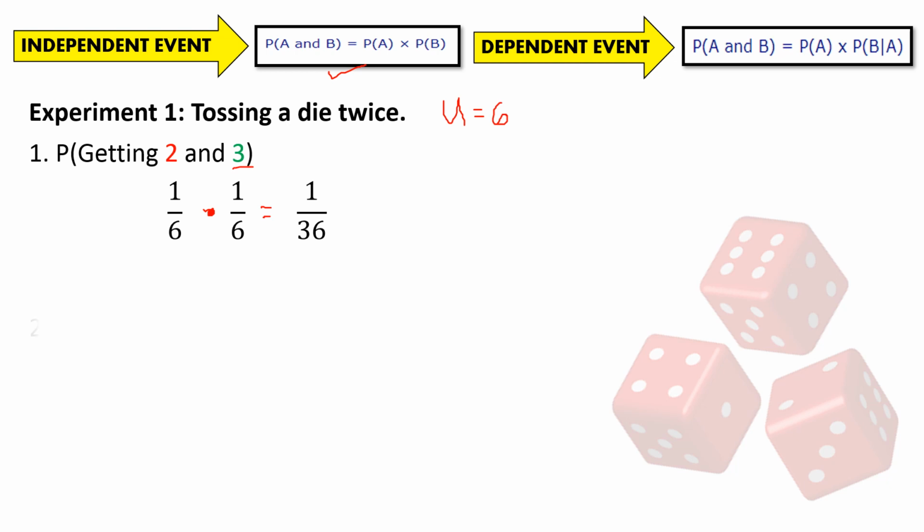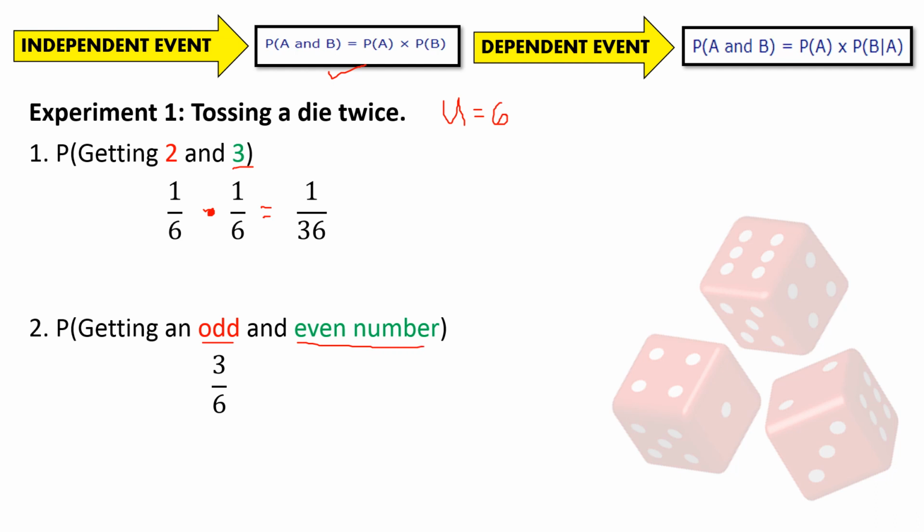Let's have number 2: the probability of getting an odd number and an even number. The odd numbers on a die are 1, 3, and 5, so there are 3 pieces, giving a probability of 3 over 6. For the second event, even numbers, we have 2, 4, and 6, so 3 pieces as well, giving a probability of 3 over 6.